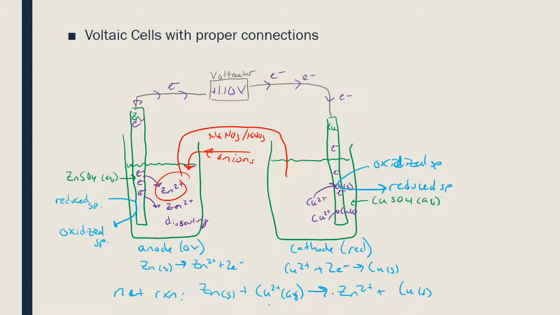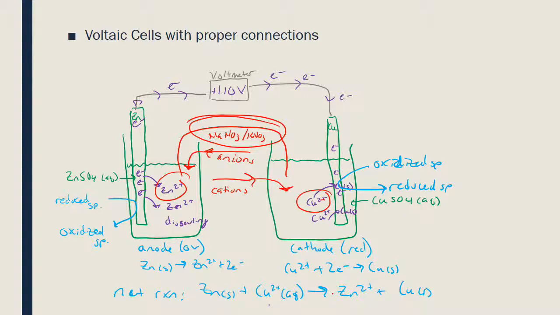Vice versa, the copper solution is losing its positive ions due to them precipitating out. Therefore, the salt bridge is going to supply cations back into the solution to allow copper to keep being pushed out. So again, very specifically, why we have to use sodium, potassium, and nitrate is they will always stay in solution and they will not precipitate out or be oxidized or reduced during these reactions.